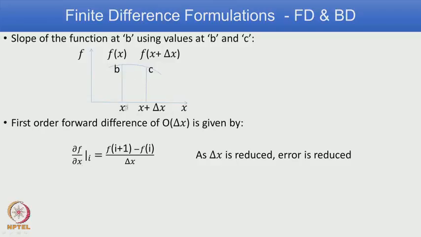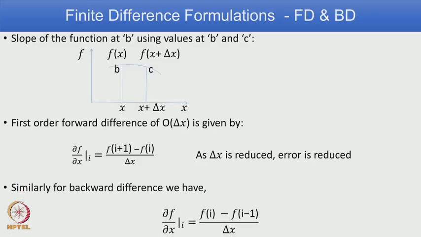You can observe that as you decrease delta x, c becomes closer and closer and you get a better approximation of the first derivative. You can follow a similar procedure to get what is known as the backward difference formula for the first derivative, shown here as f of I minus f of I minus 1 by delta x. So, this is forward difference and this is backward difference.